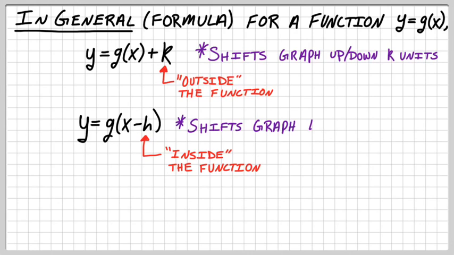So it shifts the graph left or right h units. Remember, this one's a little bit backwards. That's why there's a negative in here, so it's minus h. If it's plus a value, that shifts it to the left, and if it's minus a value, that shifts it to the right. We actually just saw that in the first two examples. So that's our general rule, our general formula for how graphs shift left, right, up, or down.